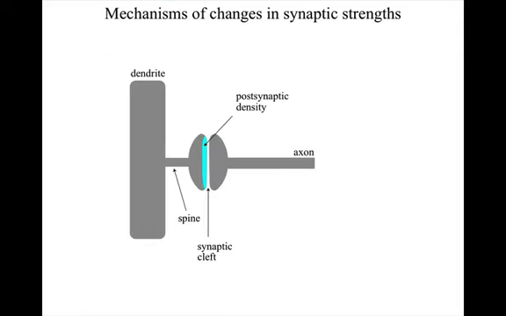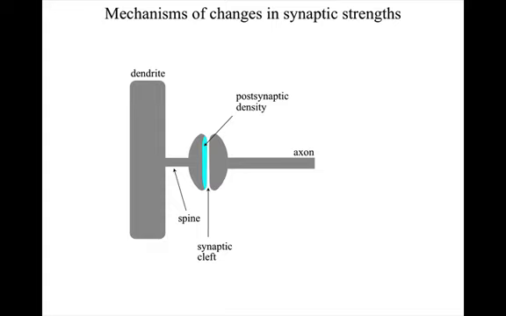So now let's shift to an even more detailed level to understand the weight changes in mechanical terms. A glutamatergic synapse is made up of a swelling on the end of a dendritic spine called the postsynaptic part of the synapse, and a swelling on the incoming axon that's called the presynaptic part. Between the presynaptic and postsynaptic parts, there's a narrow gap called the synaptic cleft.